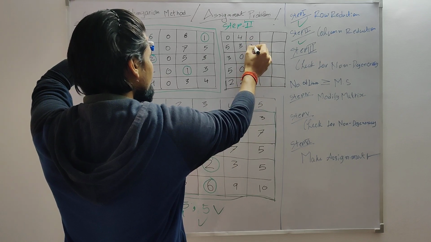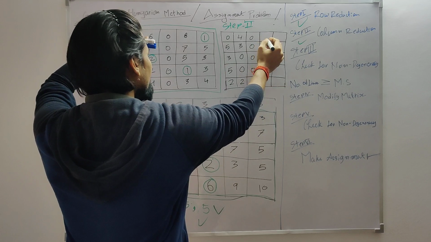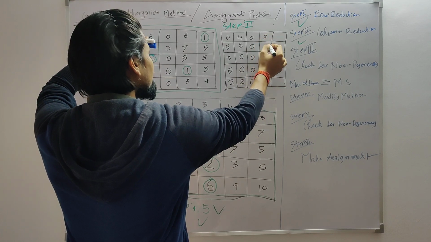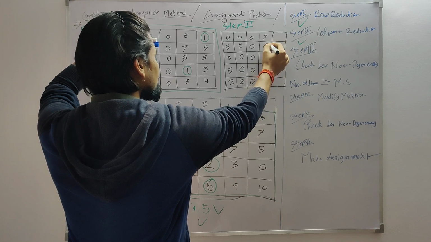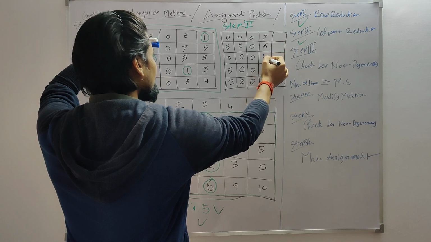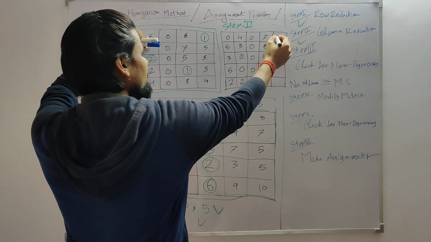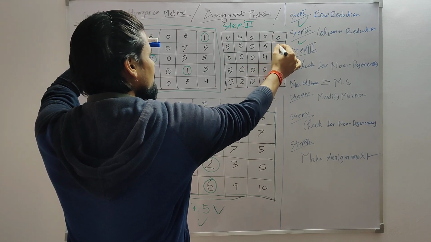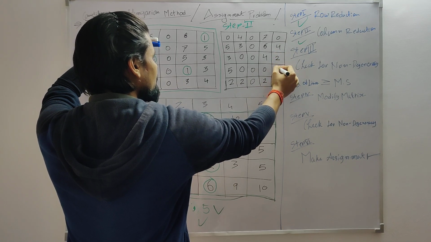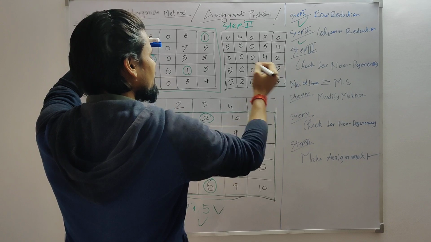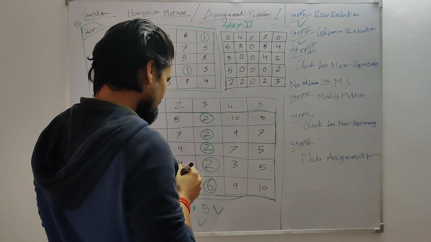Here 0, 0, 0, 0, 0, and over here 7, 6, 4, 4, 0, 2, and here 0, 4, 2, 2, 3. Okay, so now we have completed step 2.